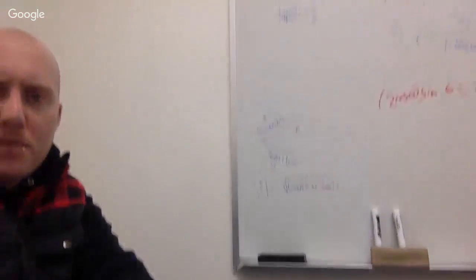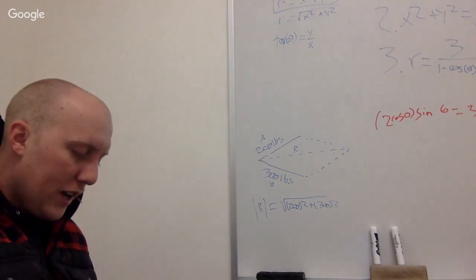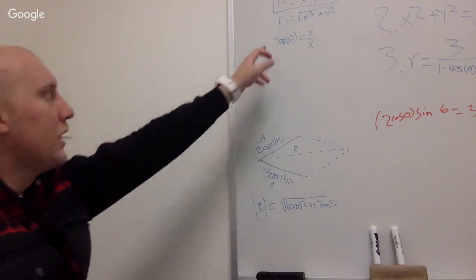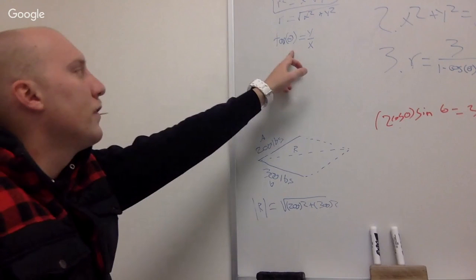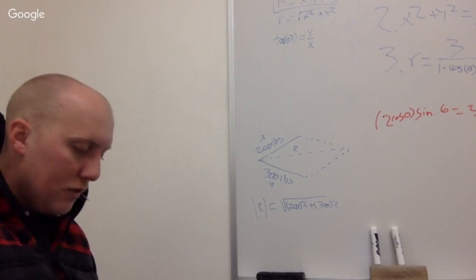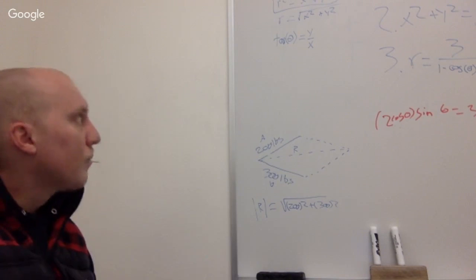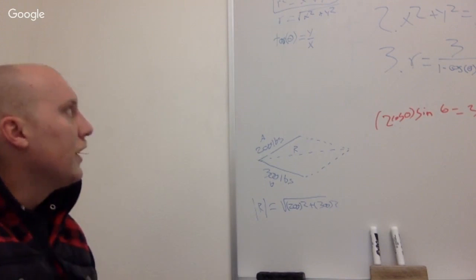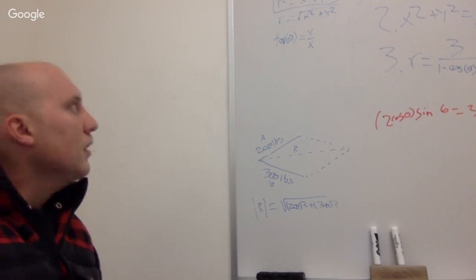So would it be tan 115, 300 over 200? Does that give us 425? Let's see. That's not it, no. Because then if we redid it, yeah, no.